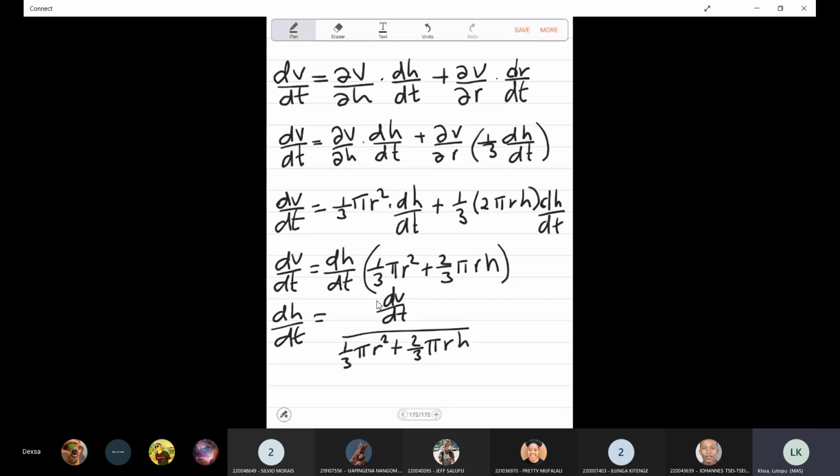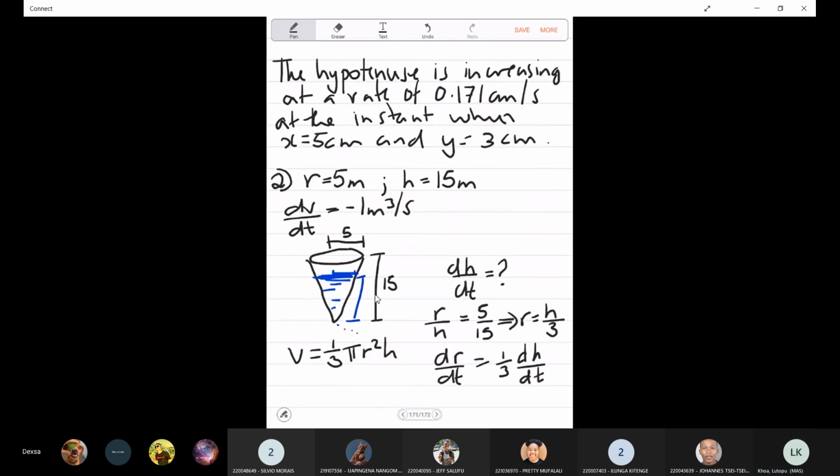dV/dt, we said it's -1, it's given in the question. And then 1/3 times pi. Then the radius is 5. That's no, that's not the radius.